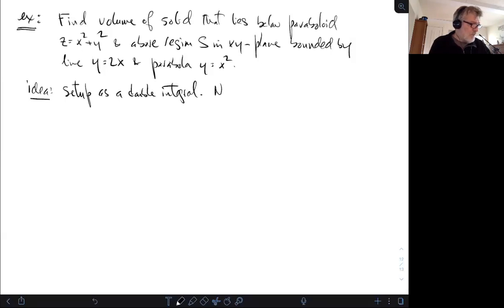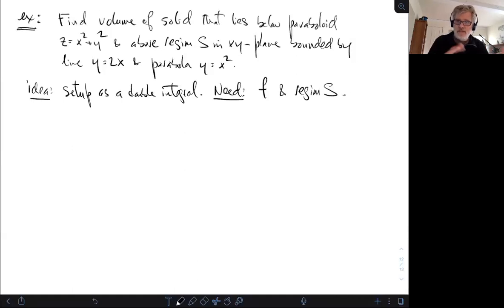So what do we need? I need a function f to integrate and a region S. Although if you look at this problem, it's pretty clear what these will be, okay? The other thing is, once you have your region S, to use what we've just done, you need to see that it's a type 1 region.